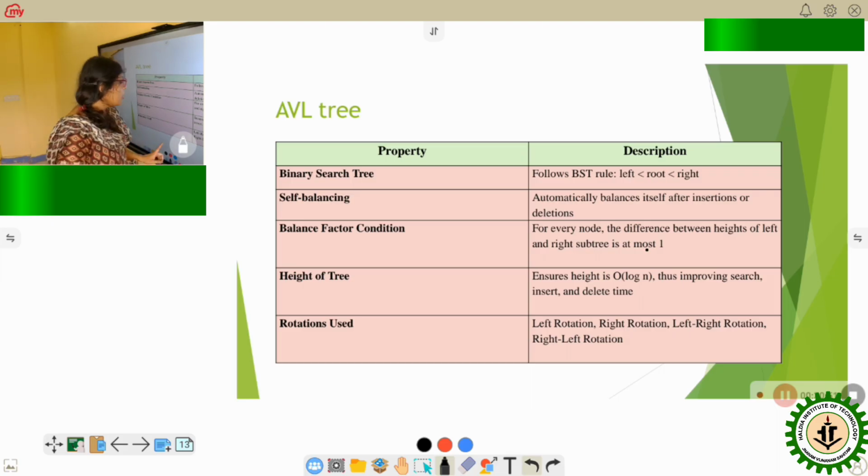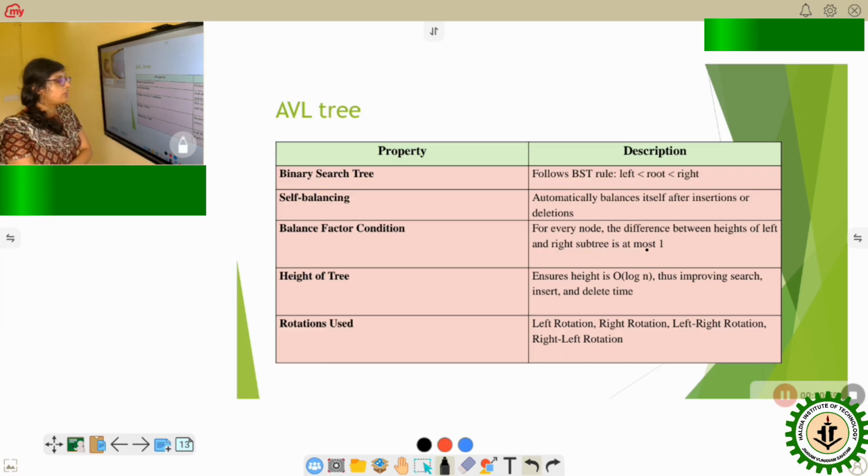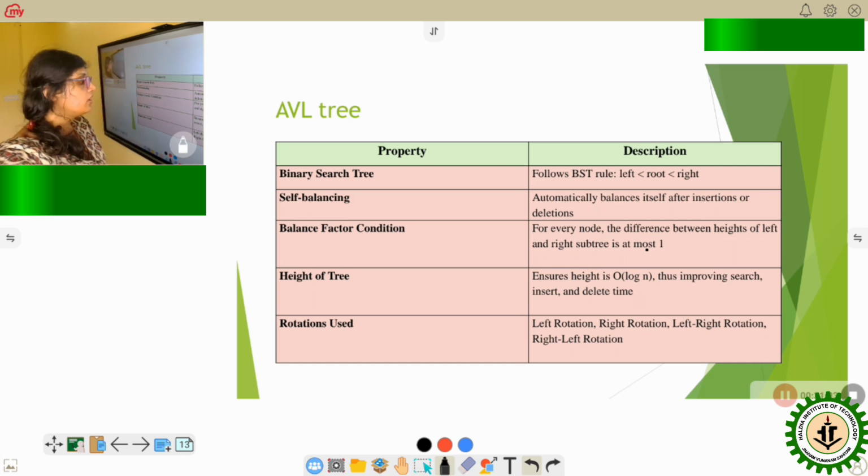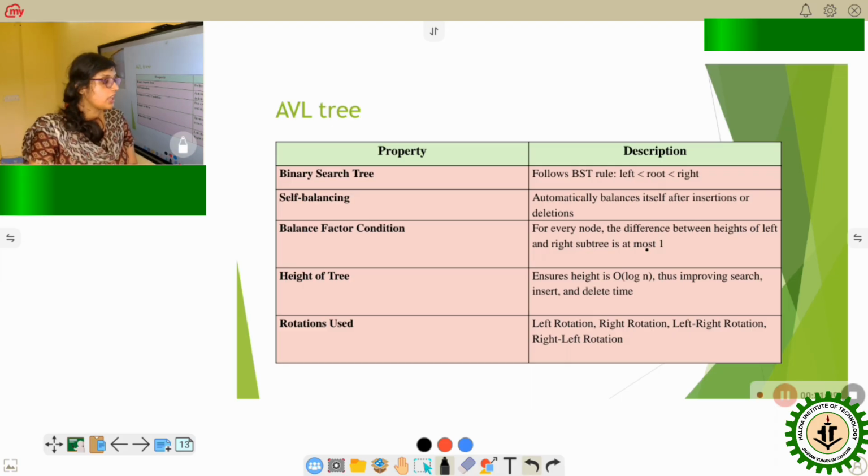So there are 4 kinds of rotations used here. Left rotation, right rotation, left-right rotation and right-left rotation. Using these rotation techniques, we can solve the skewness problem of binary search tree and we can create an AVL tree. Okay, so thank you.